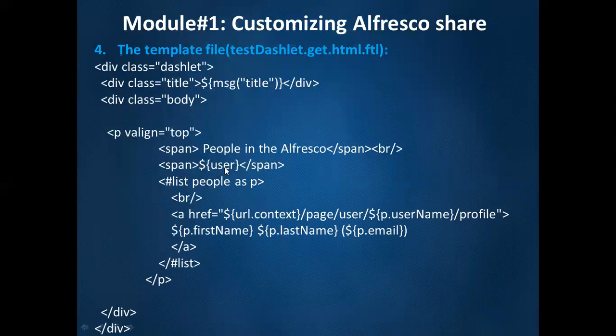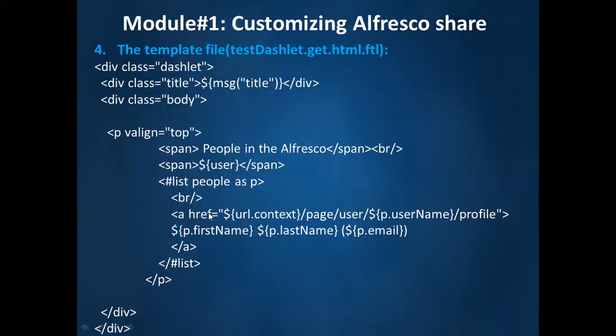What is the value of this user? As we saw in the JS file, the JavaScript file, we wrote model.user equals name, and name is admin. So we will display the value of this user. We will see how it looks. It means we will display admin.